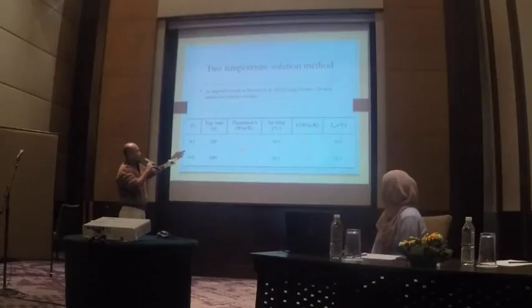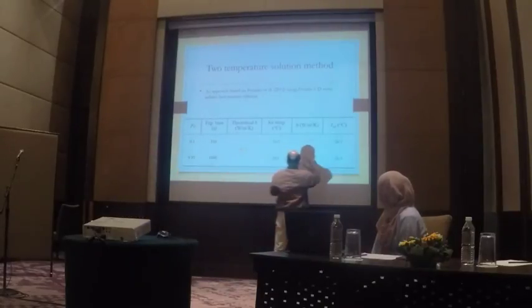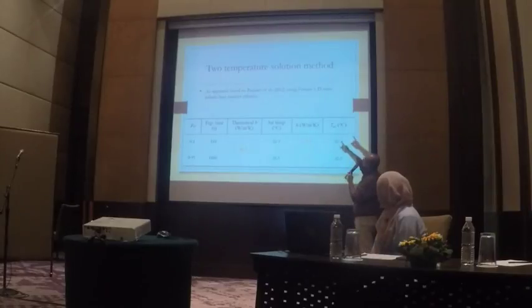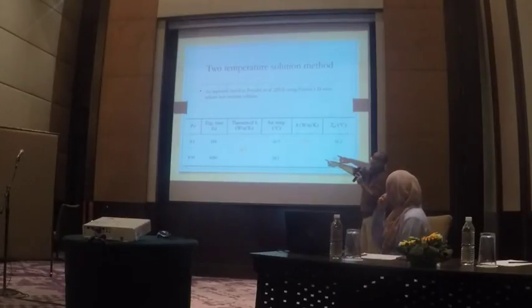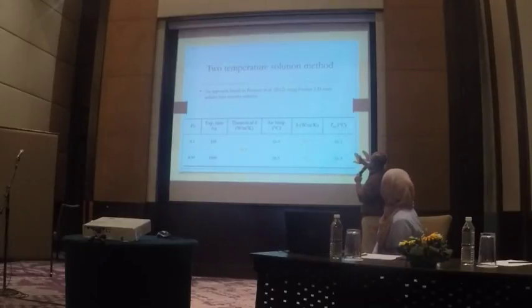The air temperature at the end of the experiment is 36.9. Over here we have the heat transfer coefficient from the two temperature solution, which is 95.5, about 10% overshoot of the theoretical heat transfer correlation. And the adiabatic temperature is 36.2, which is quite close to the air temperature during the experiment.